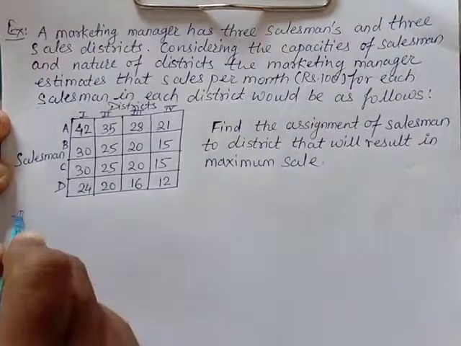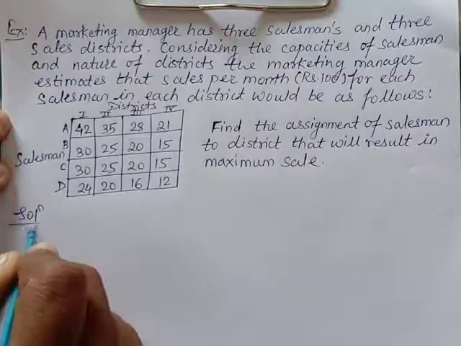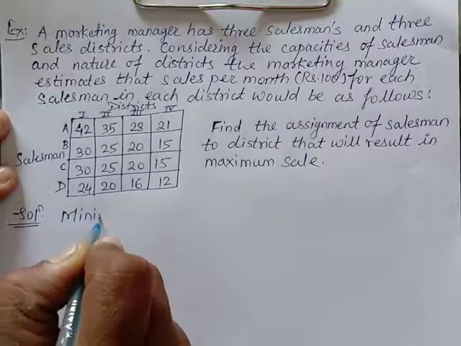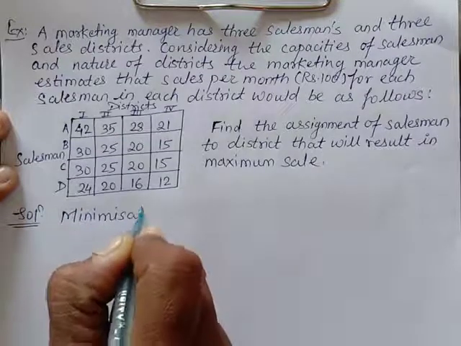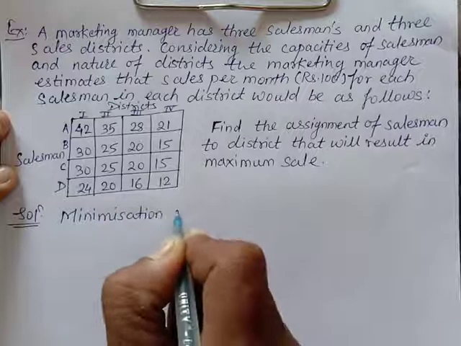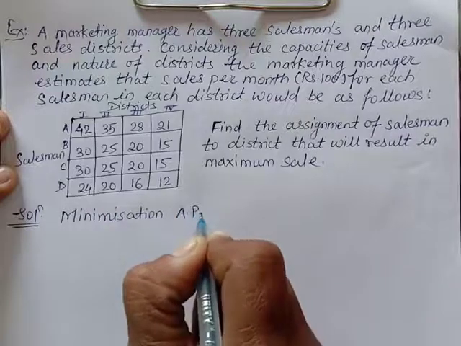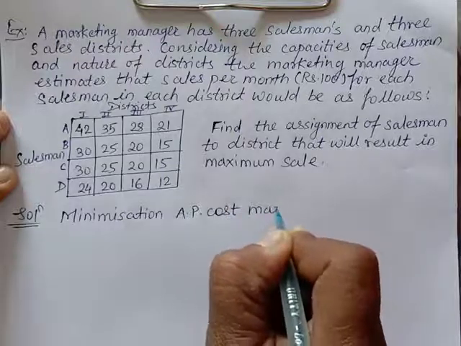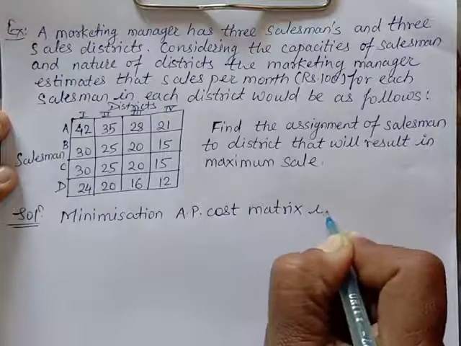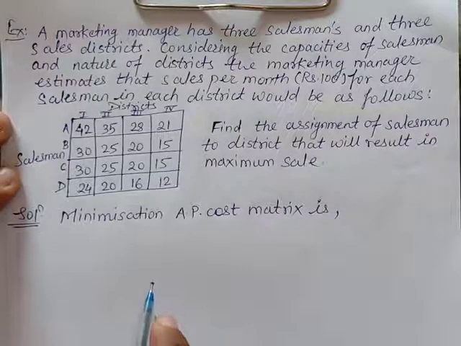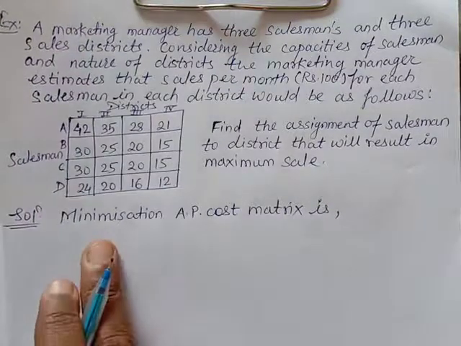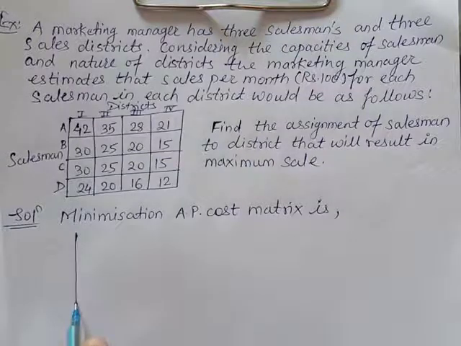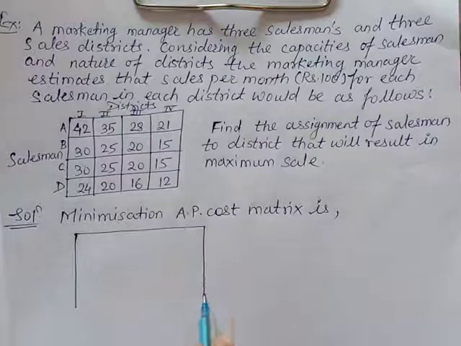So now the solution. Here the minimization assignment problem cost matrix is needed, since it is of maximization type. So first of all we will obtain this minimization type of assignment problem cost matrix, later on we go further.